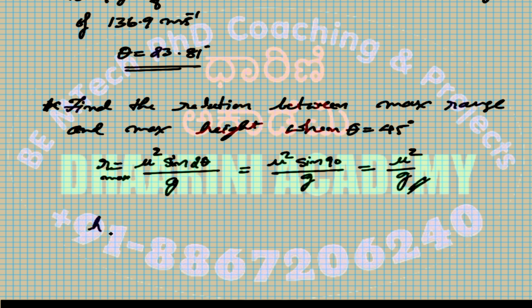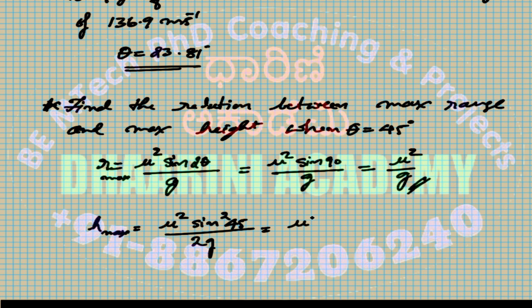Similarly, H max is, once again, we are calculating using the similar notation, that is u square sine square 45 divided by 2g.